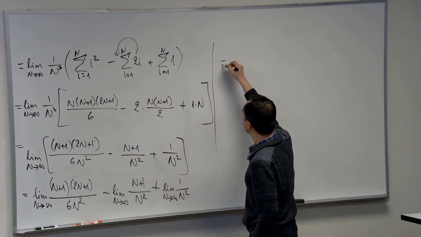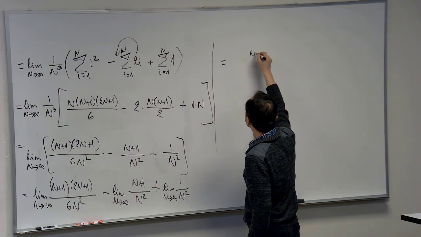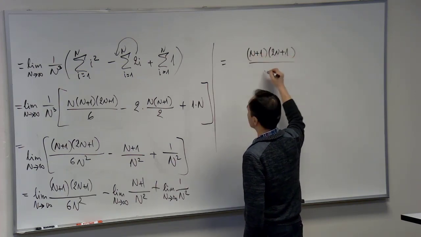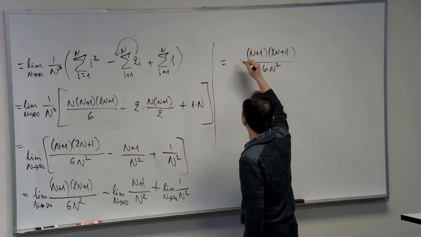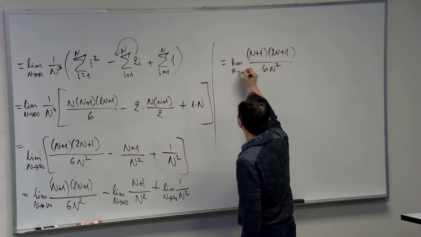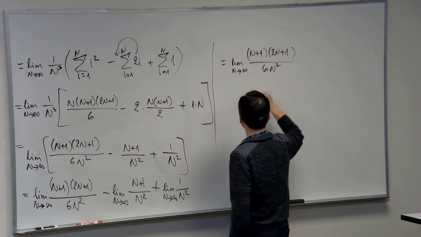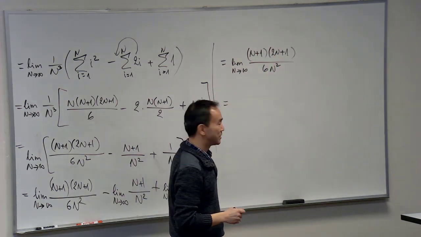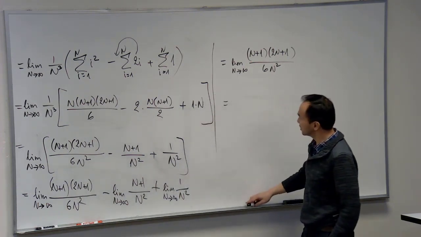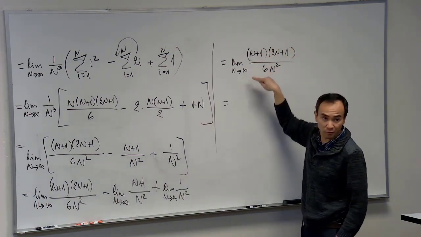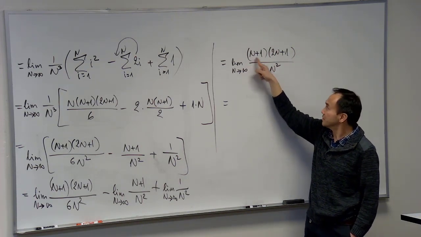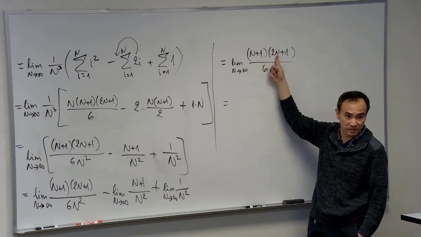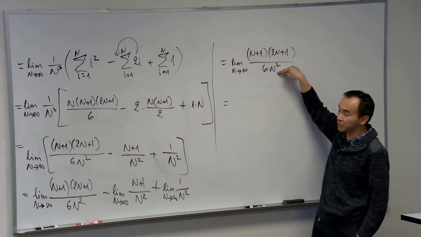So what about the leftover n plus 1 times 2n plus 1 over 6n squared right here? What do you see? Right now it's in factor form. It never hurts to multiply it out. But don't you agree with me that it's also a rational? The numerator has degree 2, because n times n is going to be degree 2, and degree 2 at the bottom too.